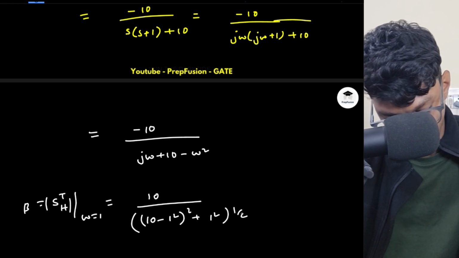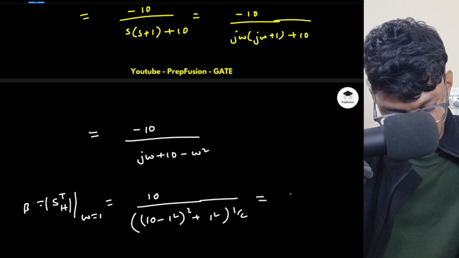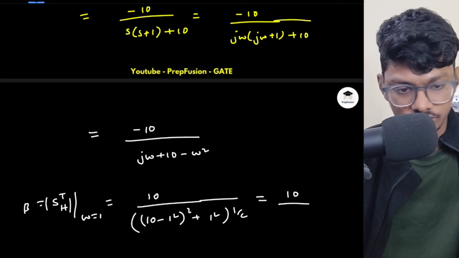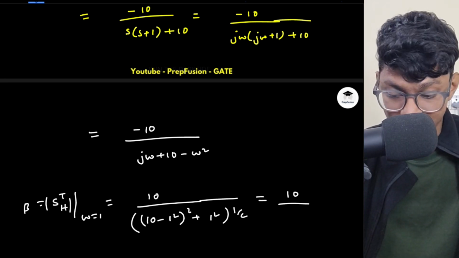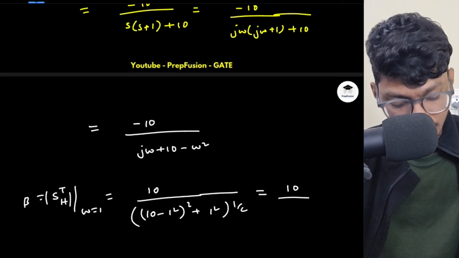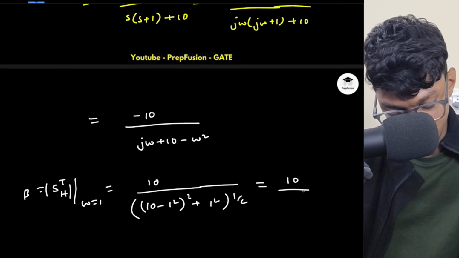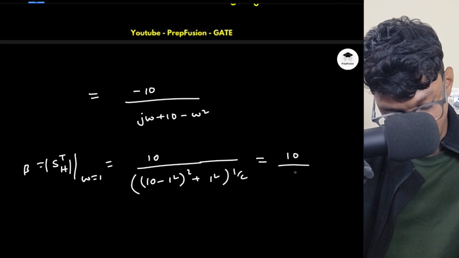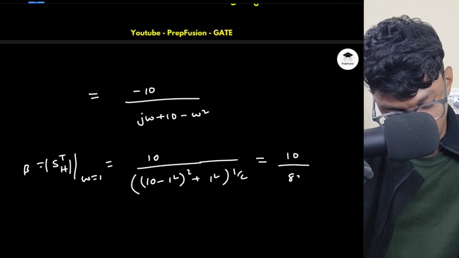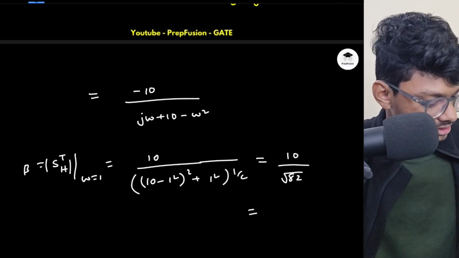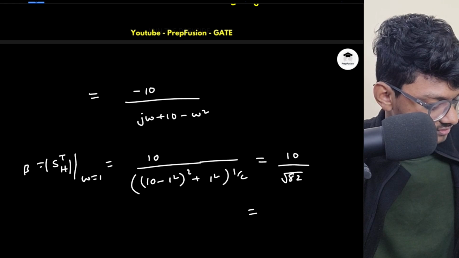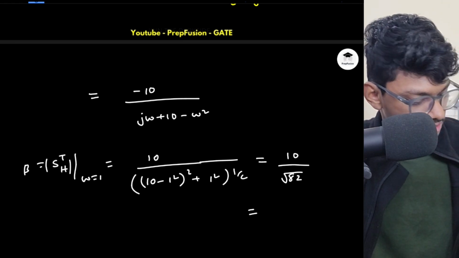So it comes out to be 10 over root 82. You can observe, as I have explained previously as well, how much greater the sensitivity is with respect to the sensor parameter h than the plant parameter k or g. So this will be 9 square plus 1 square, that is 82, under root 82. So you will see it is 5 times more than my previous value. So this comes out to be 1.1.